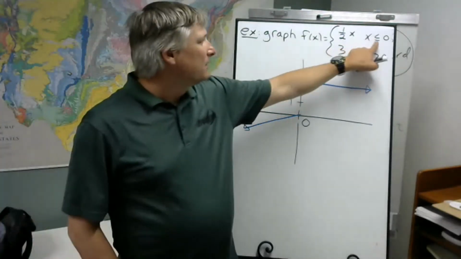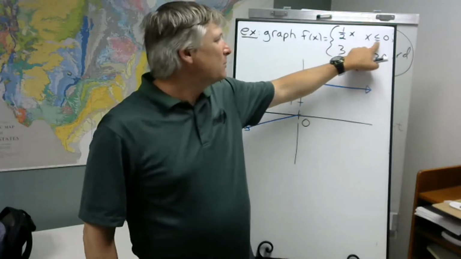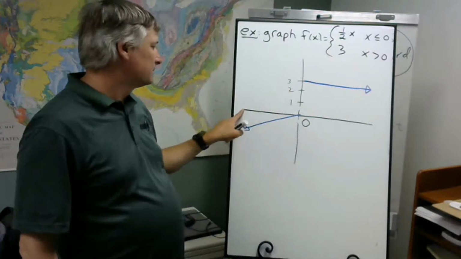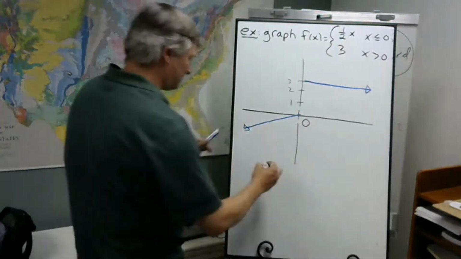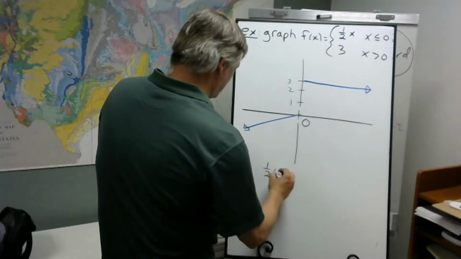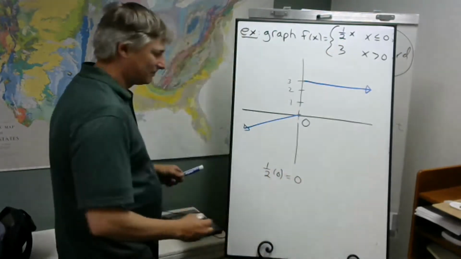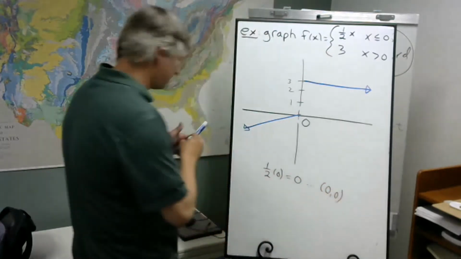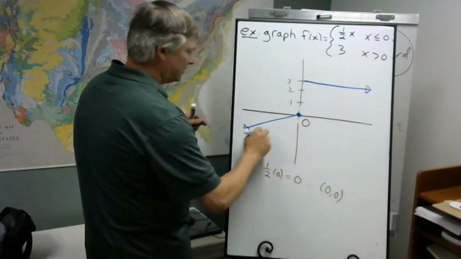1/2 x, x less than or equal to 0 means x equals 0 is part of this first interval. So if you plug in 0 for x, you'll get 0. So that means 0, 0 is part of this curve.